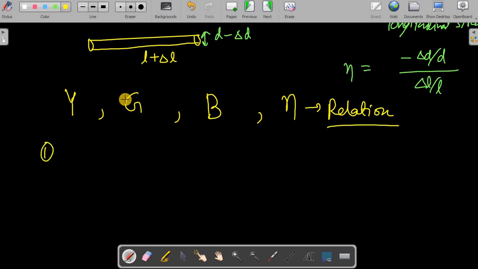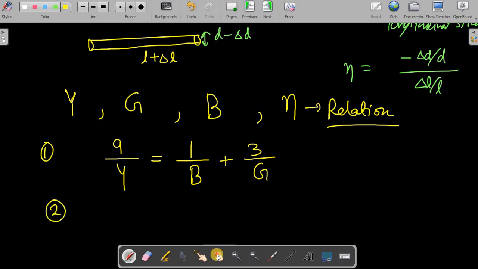Let's write the first relation. 9 by Young's modulus is equal to 1 by bulk modulus B plus 3 by shear modulus.